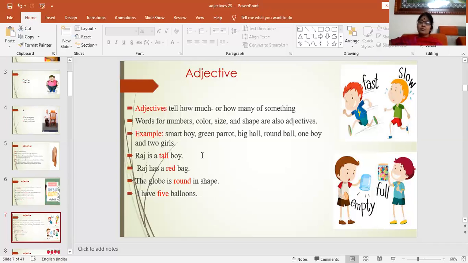All these are also called adjectives. Now look at this picture. I have an empty glass. I have a full bottle. He runs fast. He runs slow. So the words fast, slow, full, empty are also words that we are using to describe or modify our nouns. So they are also called adjectives, right?